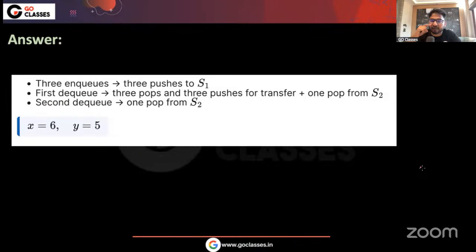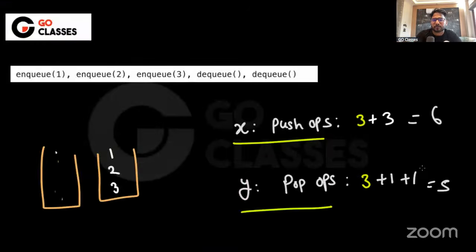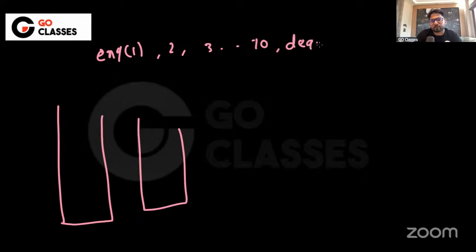They're just asking number of push and pop operations, and you just need to follow the code. Okay. If you follow the code, then you can basically do it. Now suppose in the same question they have 10 NQ. Suppose. Okay. So NQ 1, 2, 3 till 10 and just one DQ. Then can you tell me number of push and pop operations? Okay. So 1, 2, 3, you have to push all this 10.